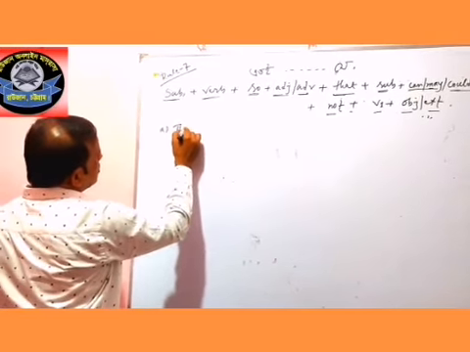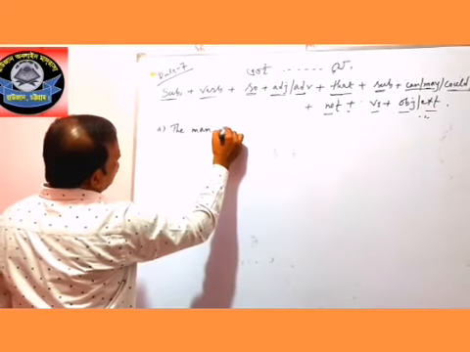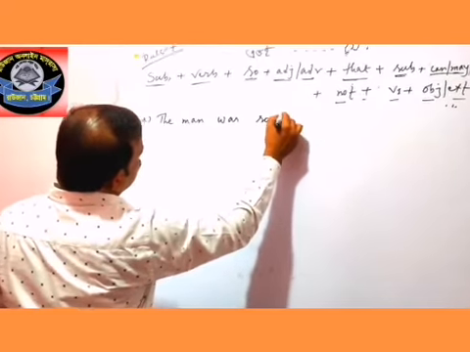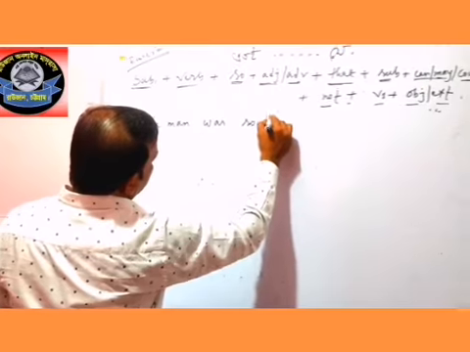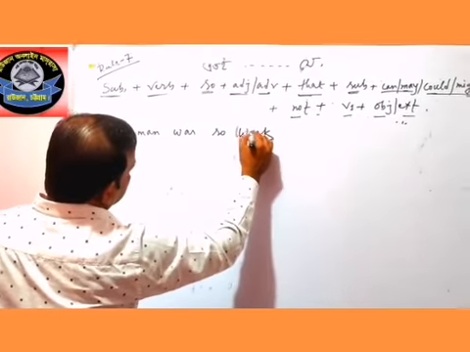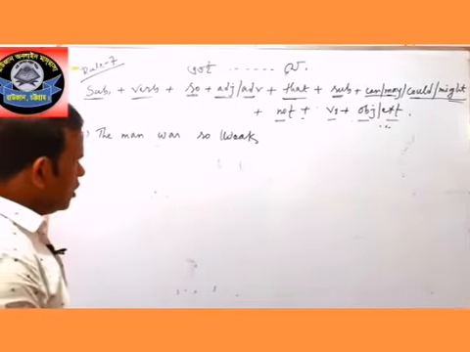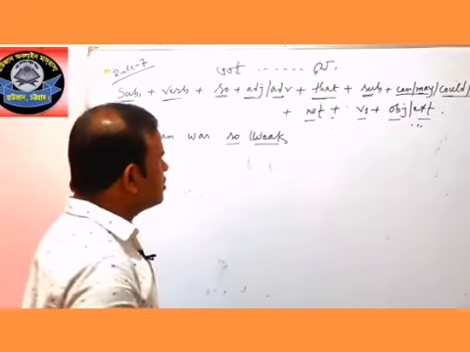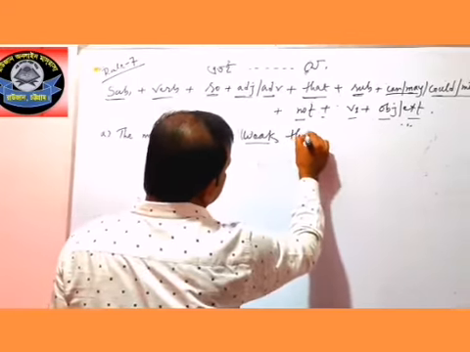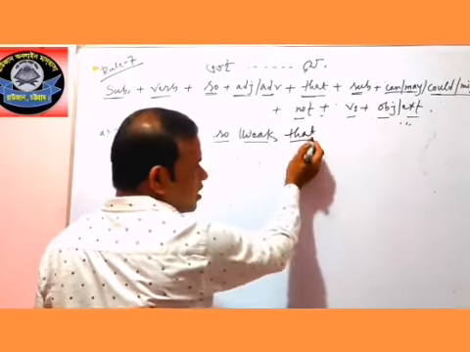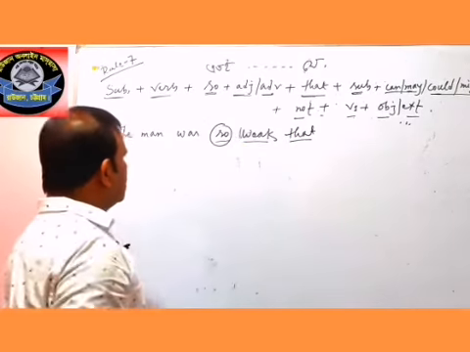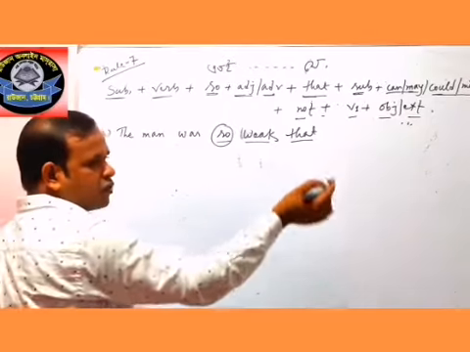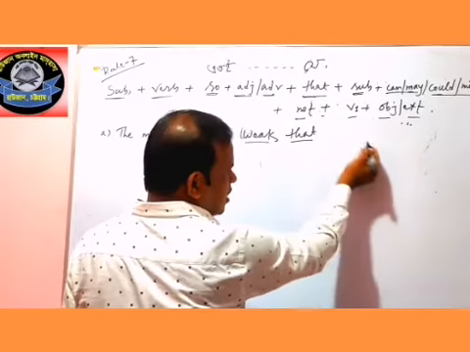The man was so weak. If you see so before an adjective or adverb, you must write that here. That means that is followed by so. After that you have to write the subject.